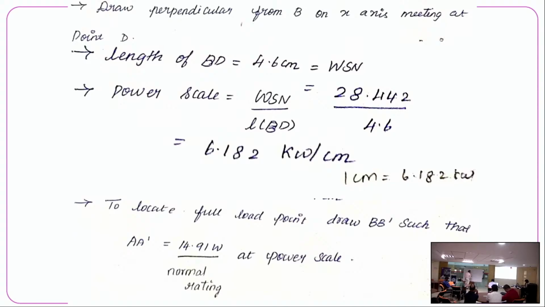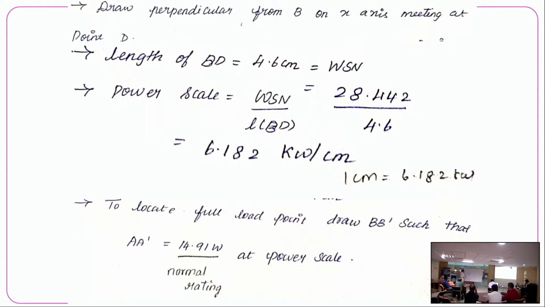That point is B dash, representing the full load point, and from B dash we draw a line parallel to the output line AB. This point is P, which represents the full load point. OP is the full load current, and this is the full load power factor.